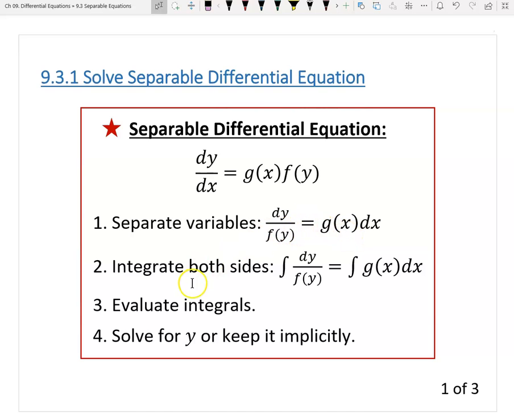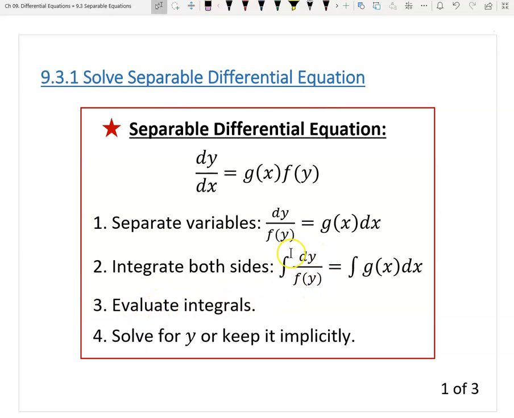The second step, just integrate both sides of this equation. Integrate, which means to find the antiderivative, right? Integrate the left, integrate the right. These are indefinite integrals, so we have 2. Now the third step, we evaluate the integrals.